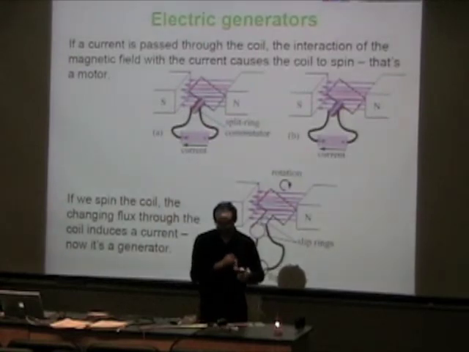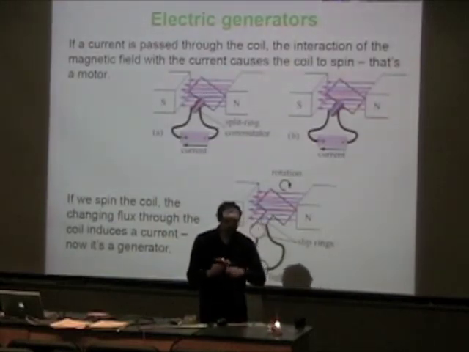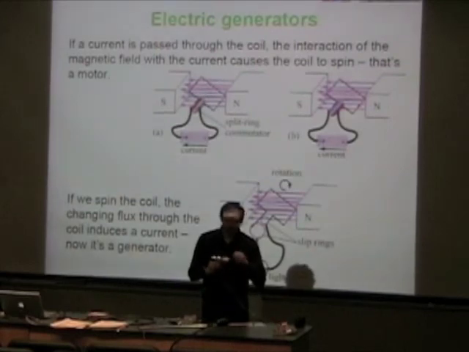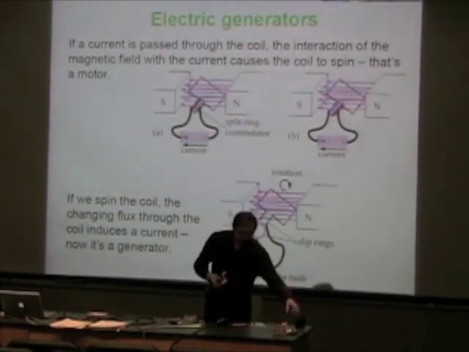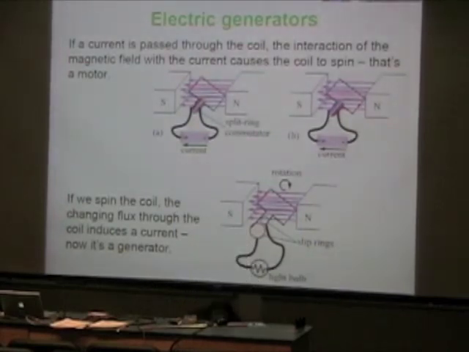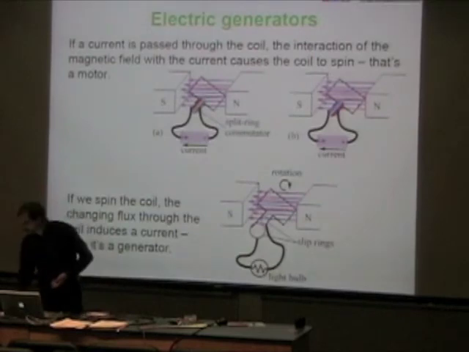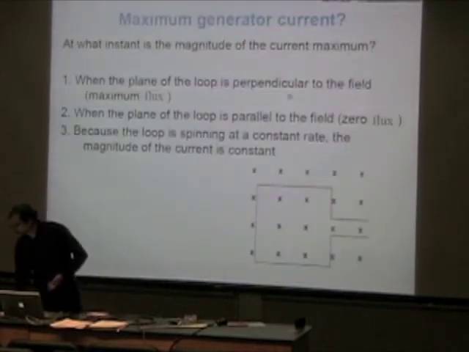And now, this is a generator, this is a motor. So from the point of view of how we made it, there is no difference between a motor and a generator. From the point of view of how we explain it, there is some difference.